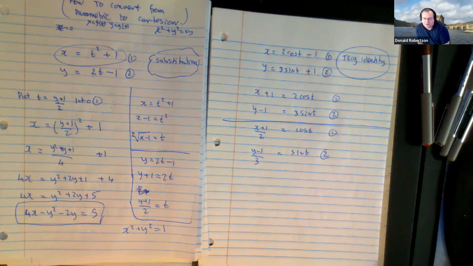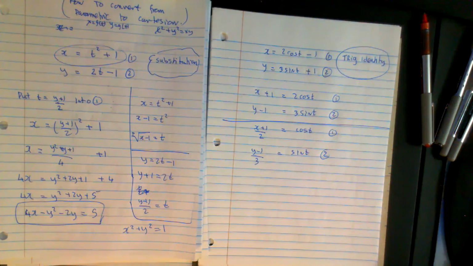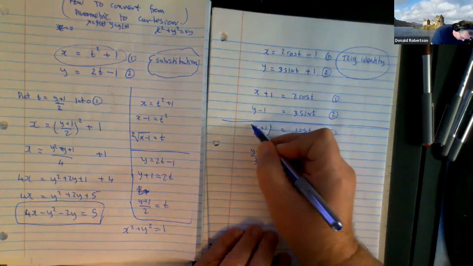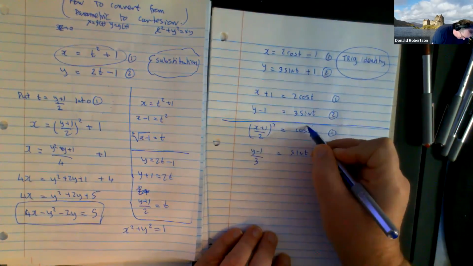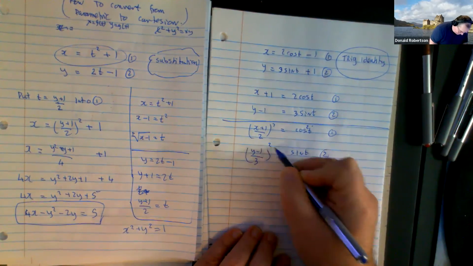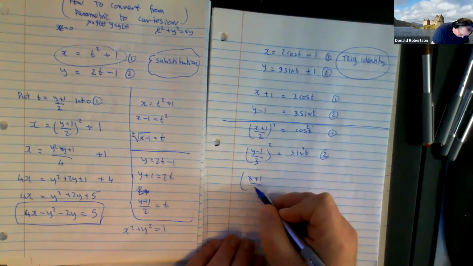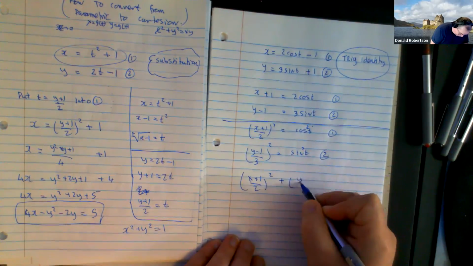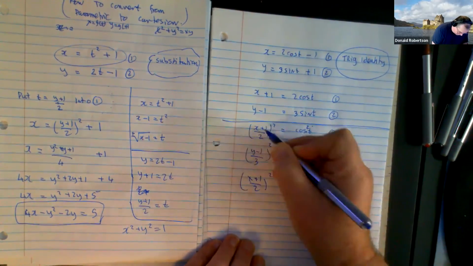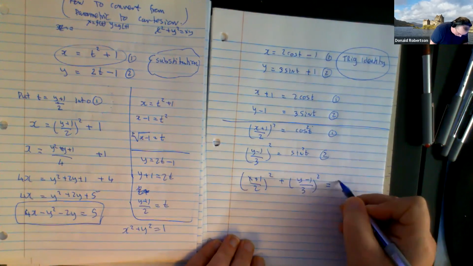Any ideas what I'm going to do next? Are you going to square both of them and add them together because that'll be equal to 1? Nailed it. And so we get (x plus 1)/2 squared plus (y minus 1)/3 squared is equal to those two added, which is 1.